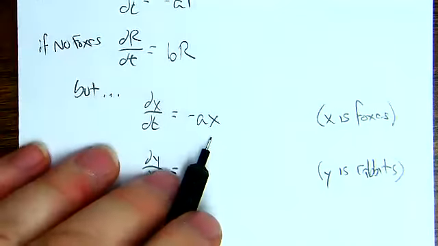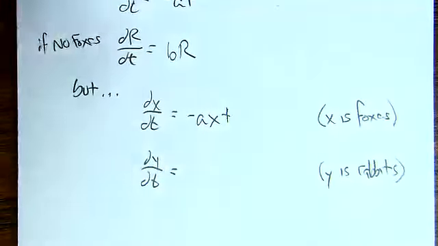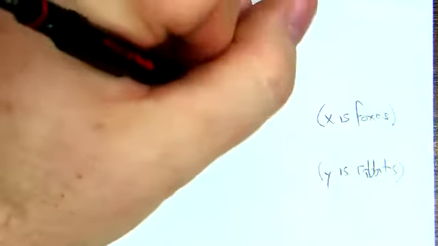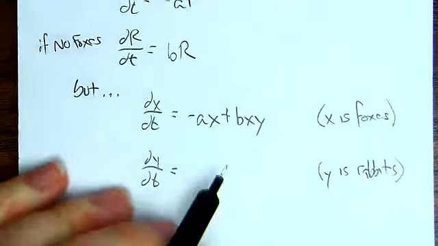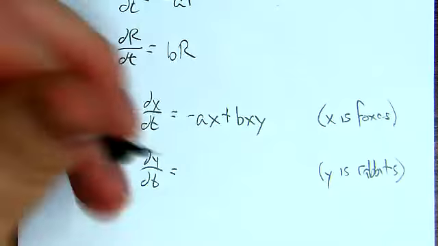Then the foxes left to themselves are going to have exponential decay, but they get helped when there are rabbits. Some interaction term, they get helped by the presence of rabbits.